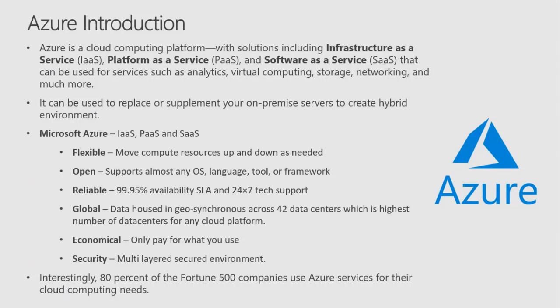Azure can be used to replace or supplement your on-premises servers to create a hybrid environment. Let's say you have an on-premises server and you want to extend it to the cloud environment: on-premises plus cloud.